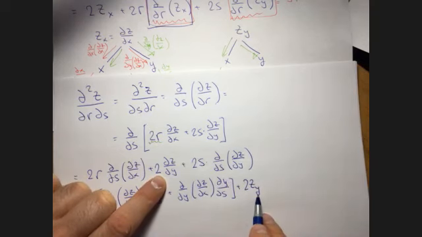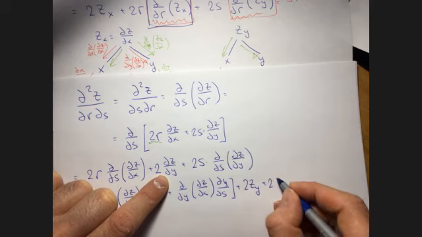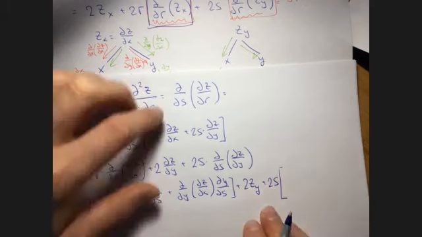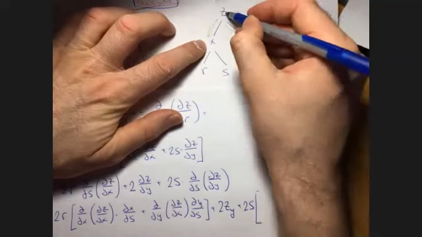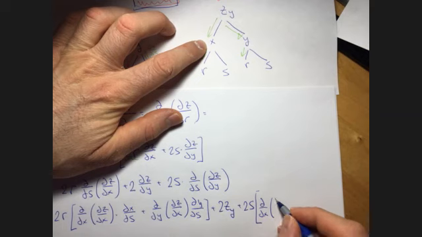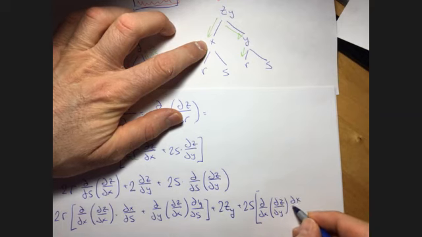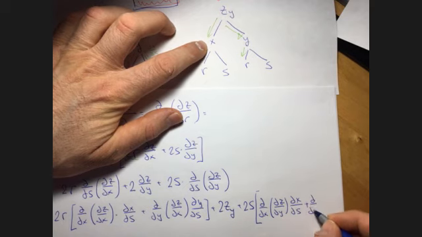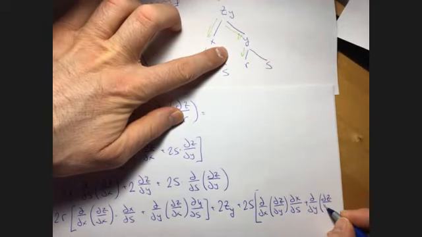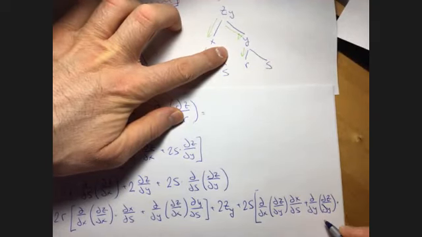It's the same, just different notation, plus 2s times, now this derivative with respect to s. So I need to get from here to here, that's partial x of partial z partial y times partial x partial s, plus the partial derivative with respect to y of partial z partial y times partial y partial s.